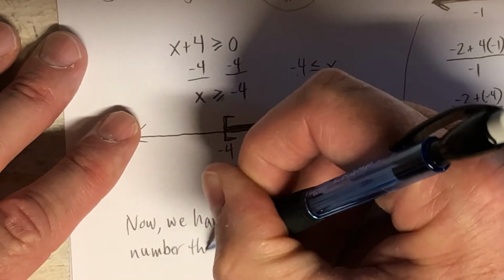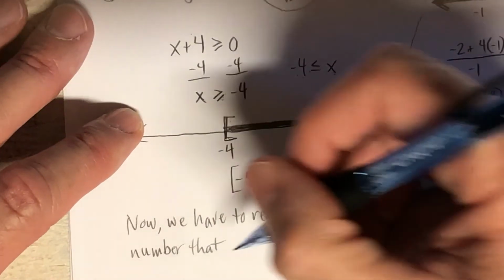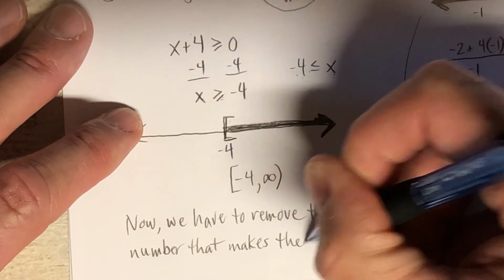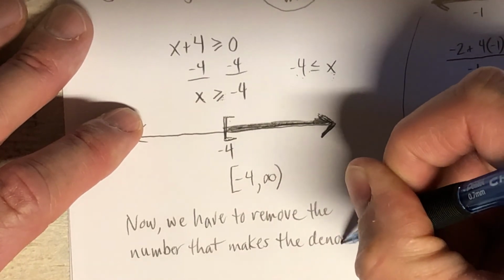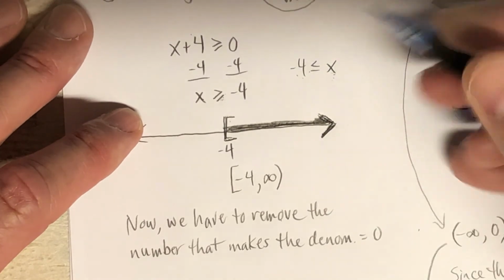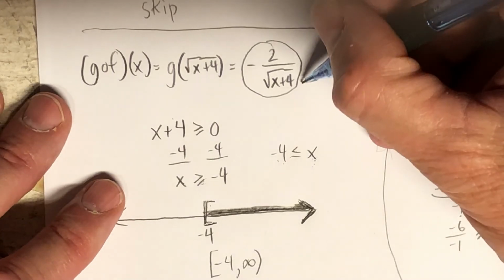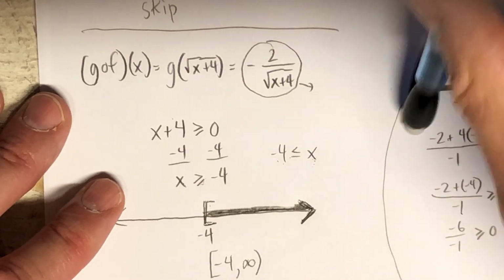And this time that number is in this domain. What number makes this denominator equal to 0 up here? Well, x plus 4, square root of x plus 4.